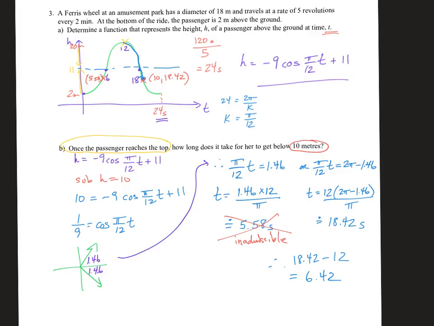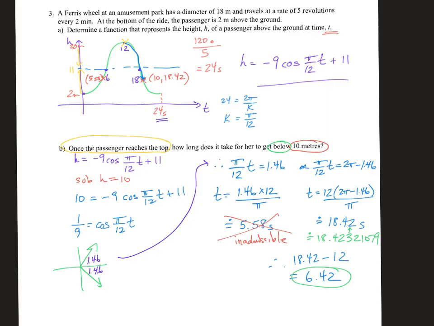Because this is where we need to work in the word below. When we got to that value of 18.42, that value would have actually looked something like this. And we come to a rounding situation again. Because I rounded down to 18.42, I just follow my normal rounding rules, that time of 6.42 seconds would actually leave me just a little bit above 10 meters.